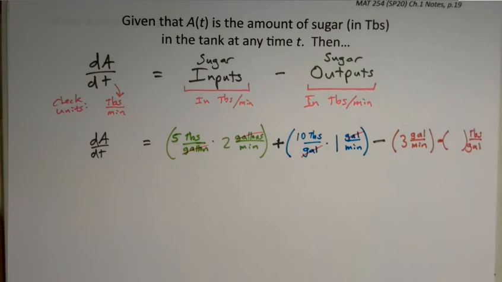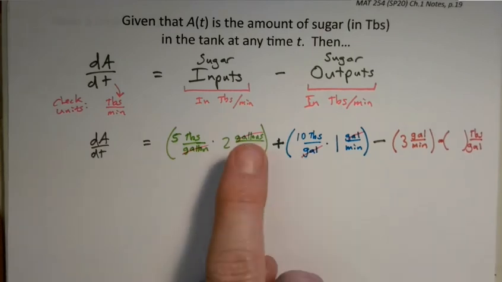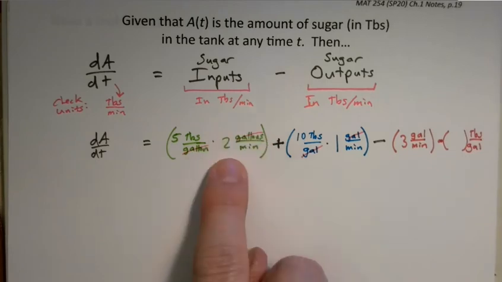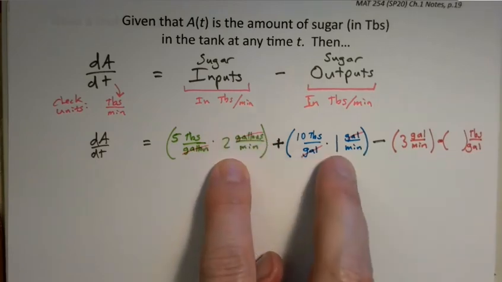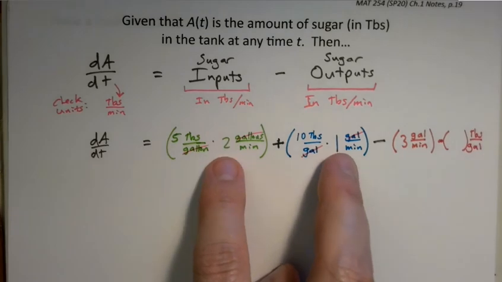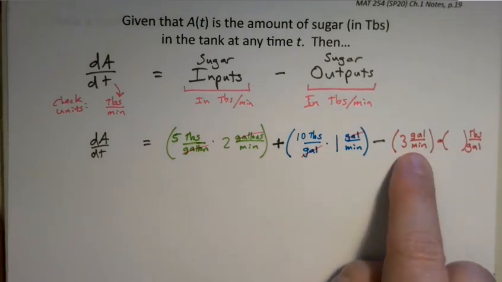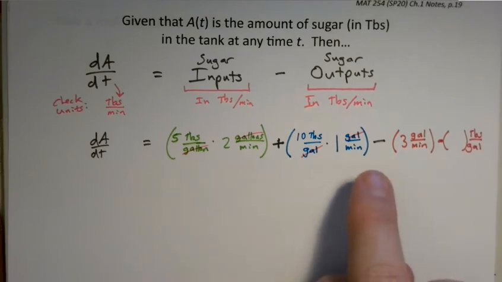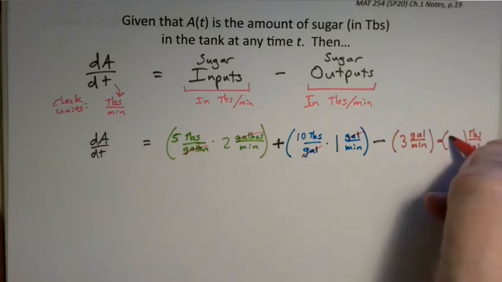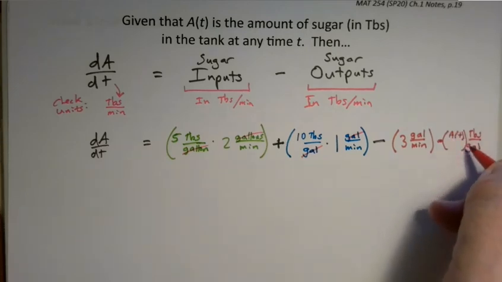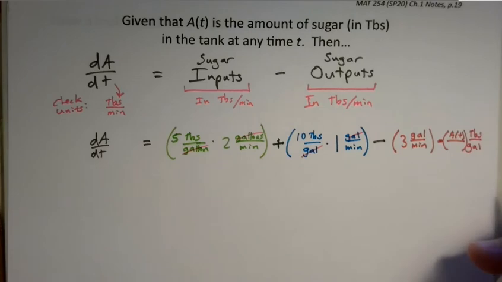Well, if you have 2 gallons per minute plus 1 gallon per minute going in, so a total of 3 gallons of liquid per minute going in and 3 gallons of liquid per minute going out, there's no net change in the amount of liquid in the tank. So this is really just A of t divided by how big is the tank?